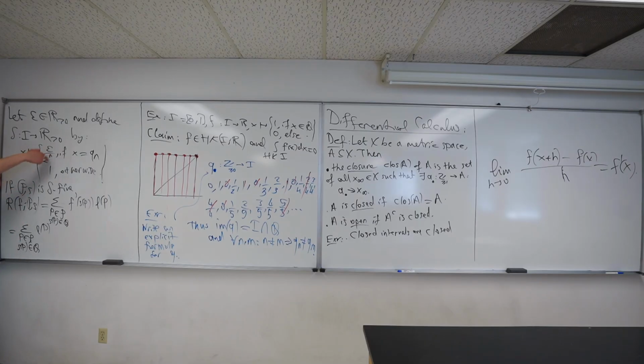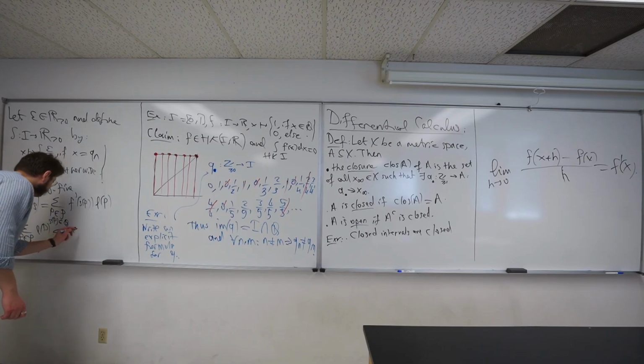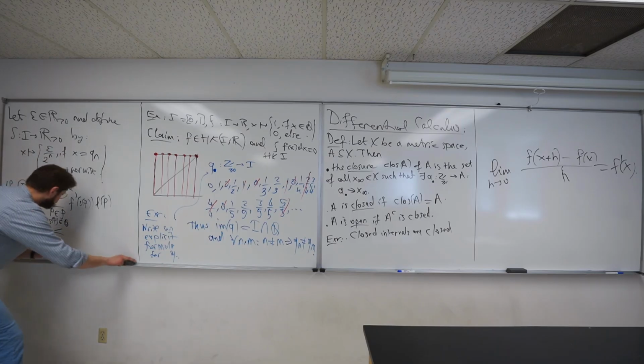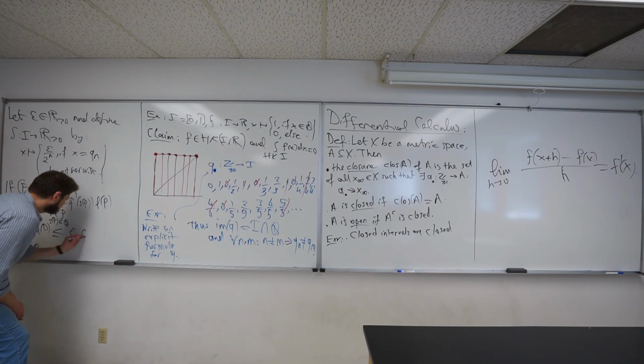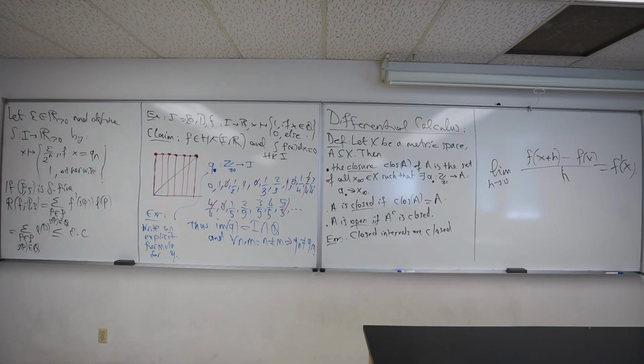So you're adding essentially finitely many terms of this form for finitely many integers, but that's sort of like a geometric series. And so this is bounded by epsilon times C for some C that is independent of everything else.